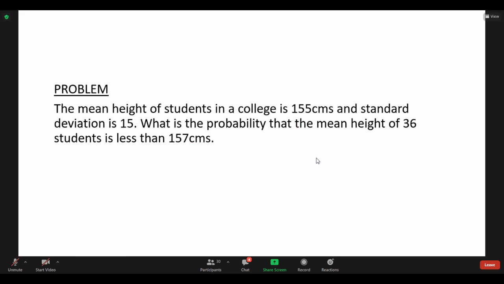Just go through it and try to understand. If you still have any doubts, we'll discuss now. For this one, we have to use the central limit theorem.